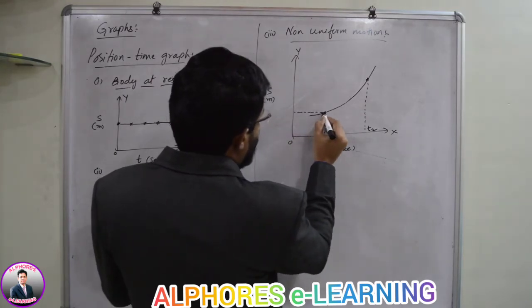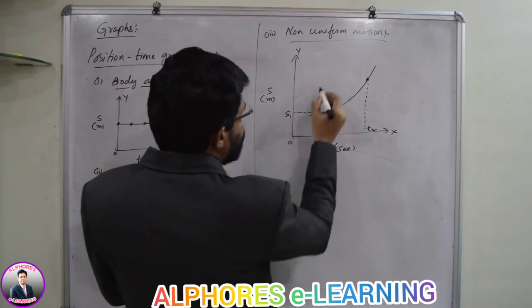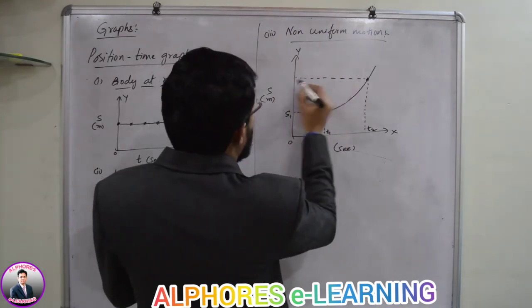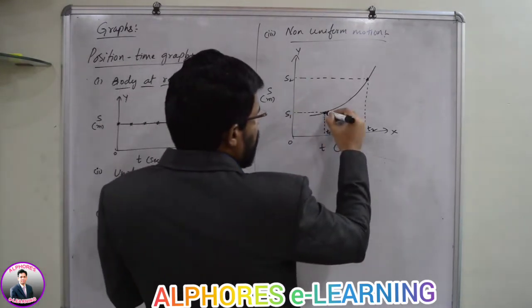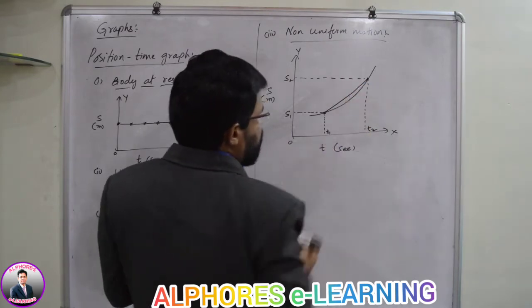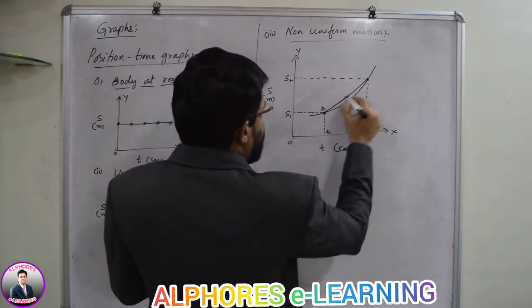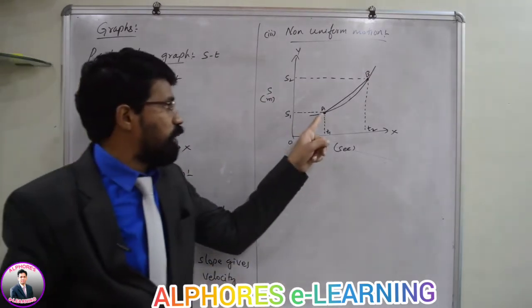So corresponding to this point I'll take the y coordinate as s1, and corresponding to this point I will take the y coordinate as s2. Now I am going to draw a line joining these 2 points, something like this. Let us say the line is AB. AB is the line which is joining these 2 points.